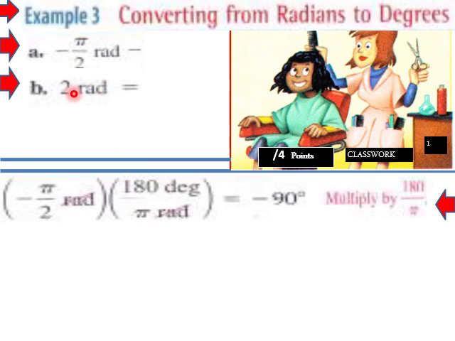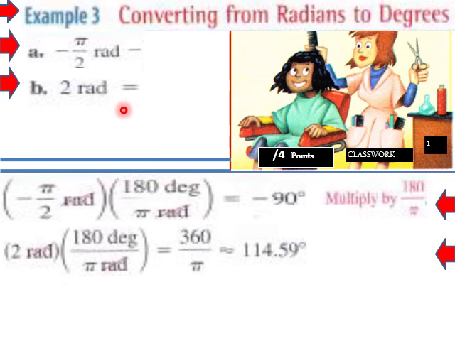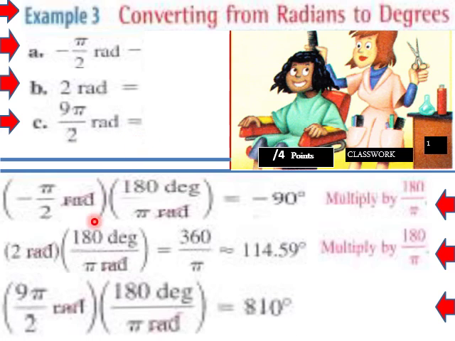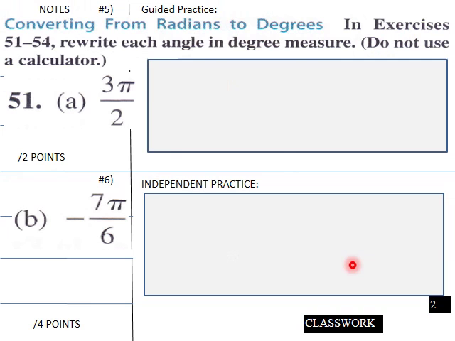And then up here for 2 radians equals 2 radians times our conversion factor equals 360 over pi, or 114.59 degrees. Again, multiply by 180 over pi. And then see here, 9pi/2 radians. How many degrees does that equal? Again, multiply by our conversion factor, and we get 810 degrees here.